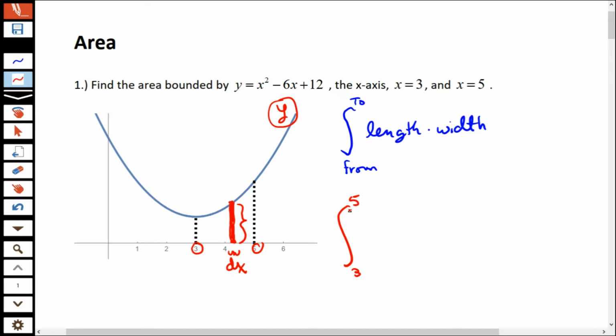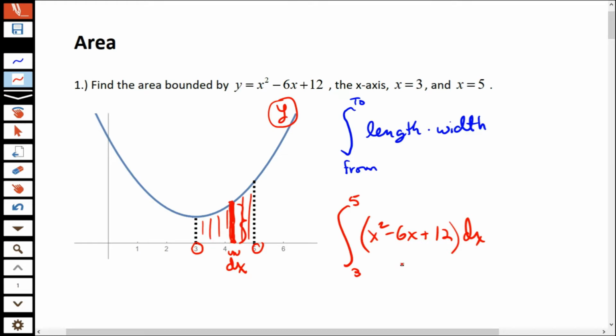When we multiply this length, x squared minus 6x plus 12, times your width dx, that gives you the area of one rectangle, and the integral represents adding together all of the infinitesimally small rectangles going from 3 to 5.